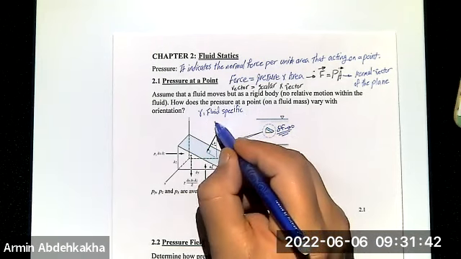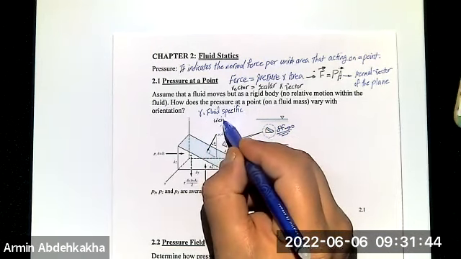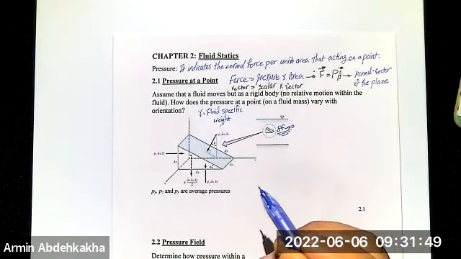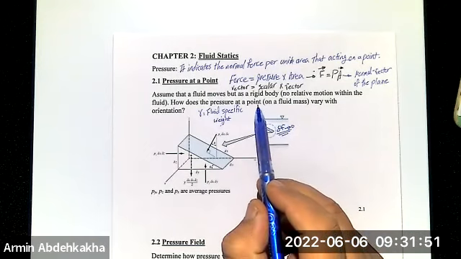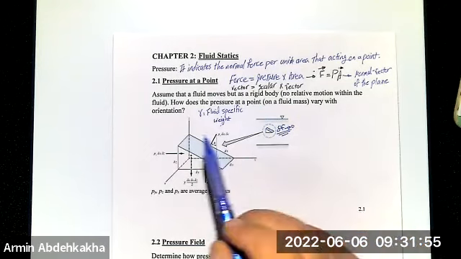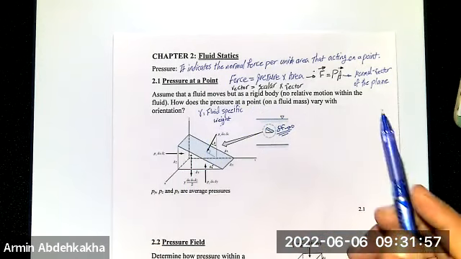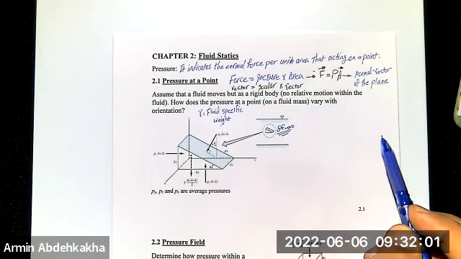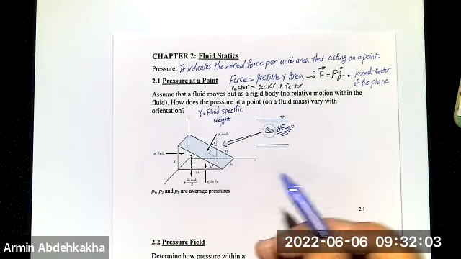Specific weight. And we assume it moves as a rigid body, no relative motion within the fluid. So what does it mean? No relative motion within the fluid means between the layers.